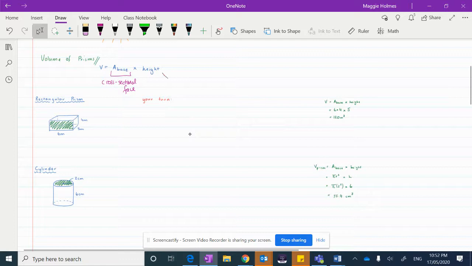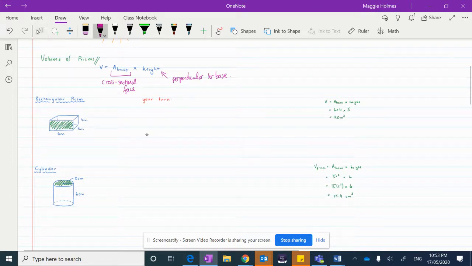And it's important that the height is perpendicular to the base. Now the base won't always be at the bottom of the shape, it's just a cross-sectional face. So in a rectangular prism, you can choose any of the faces to be your base or your cross-sectional face because they all fit the pattern of being able to go back through space to create the shape.